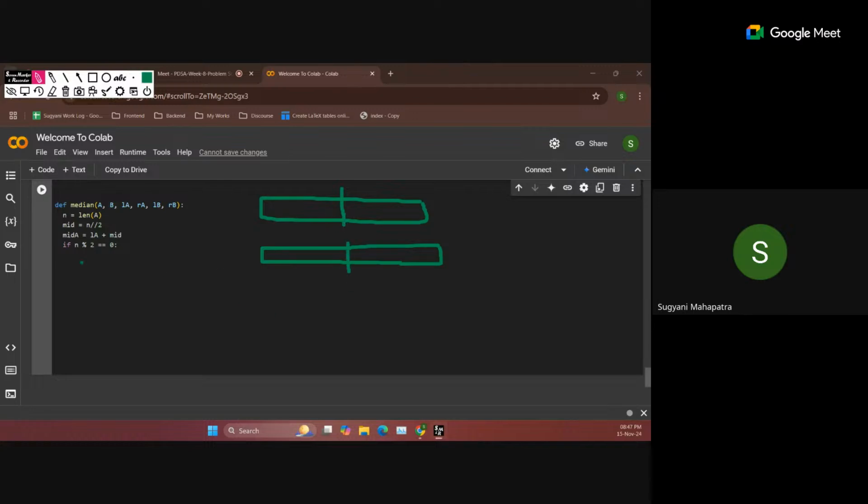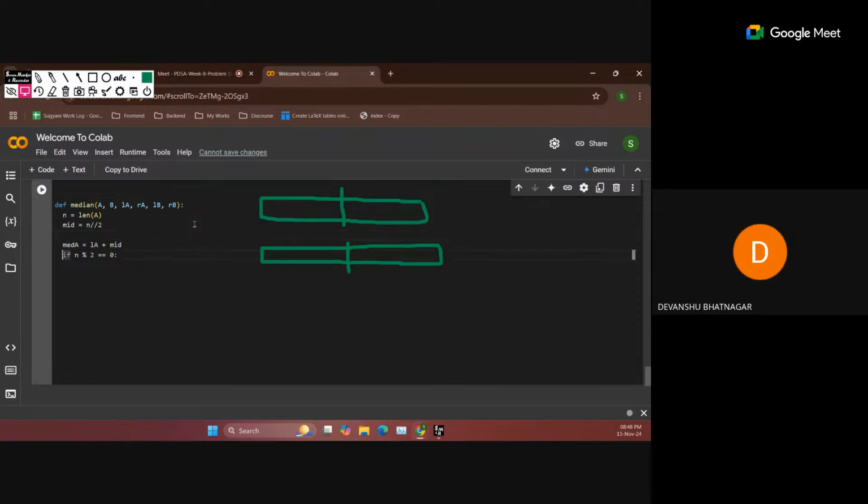Now we are just assigning median of A. Let's call it median of A instead of middle of A. So median of A as the lower element plus the middle value. This much is clear.